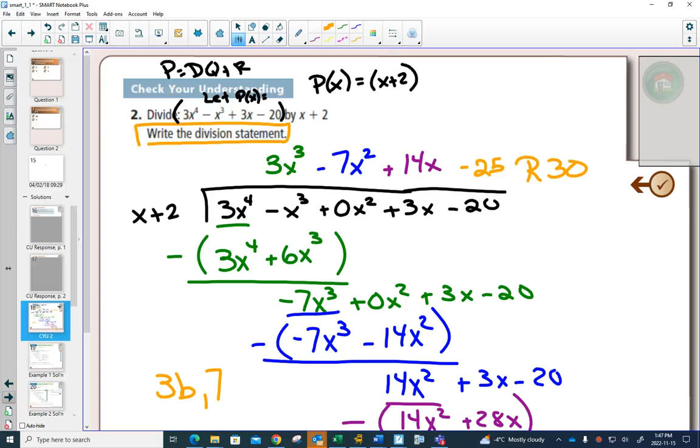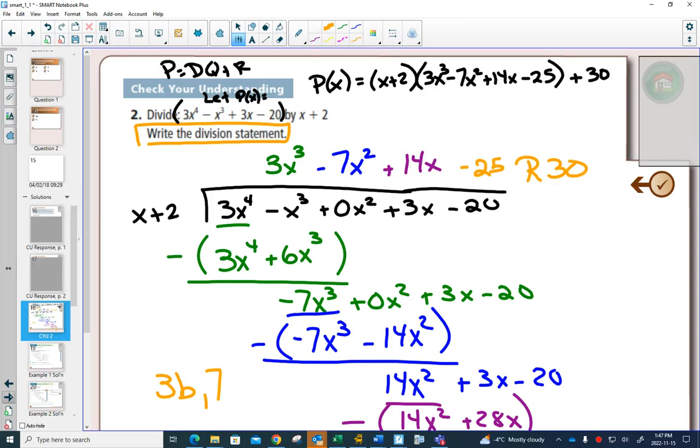That's your divisor. Your quotient, if we think of the word quotient, it's an answer to dividing. Your quotient is the 3x cubed minus 7x squared plus 14x minus 25. That's your quotient, plus your remainder, plus 30.